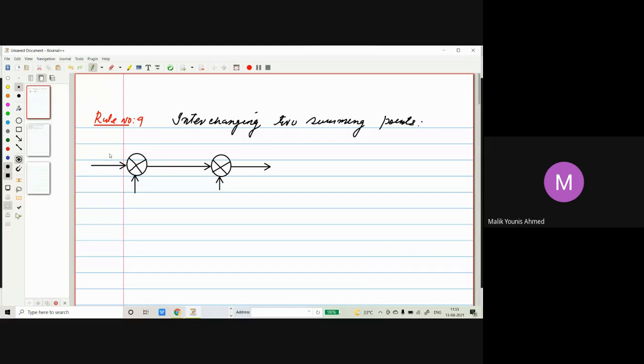Okay, let's say these are the types of signal. This is a plus and minus. This is a plus and plus. It can be anything, but just for the example's sake, I'm taking this.